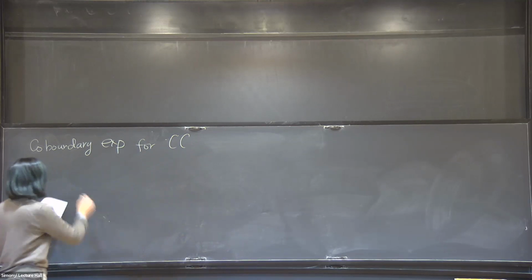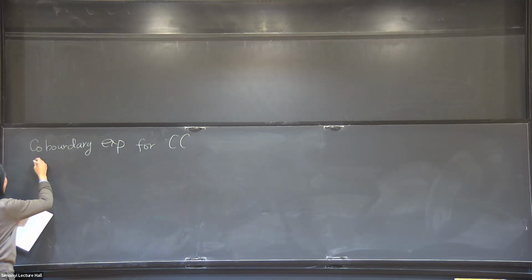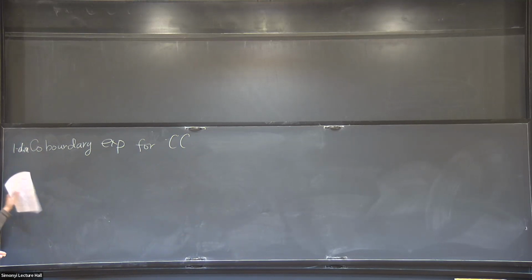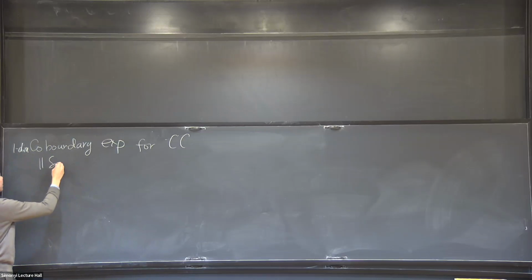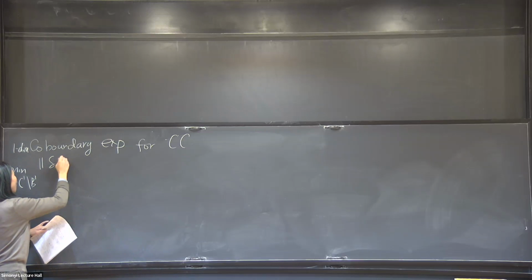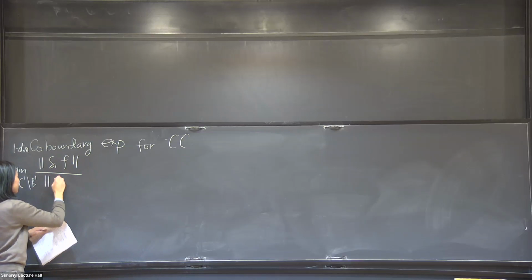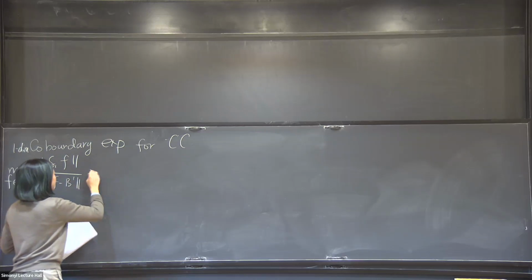I will only deal with the case of one-dimensional coboundary expansion as an example, but the proof idea follows syntactically if you replace one-dimensional with other dimensions. Recall what we want from coboundary expansion: for every f that's not in the coboundary B1, the norm of delta 1 of f over the distance from f to B1 is at least eta.